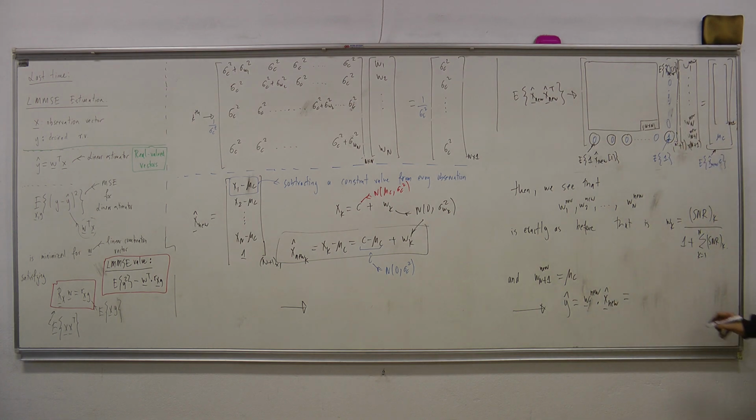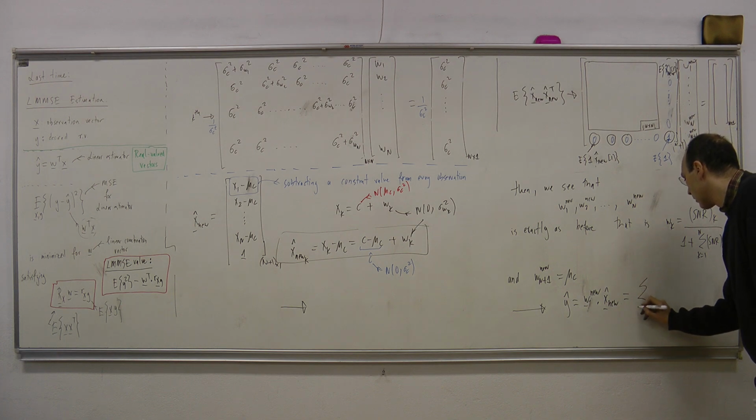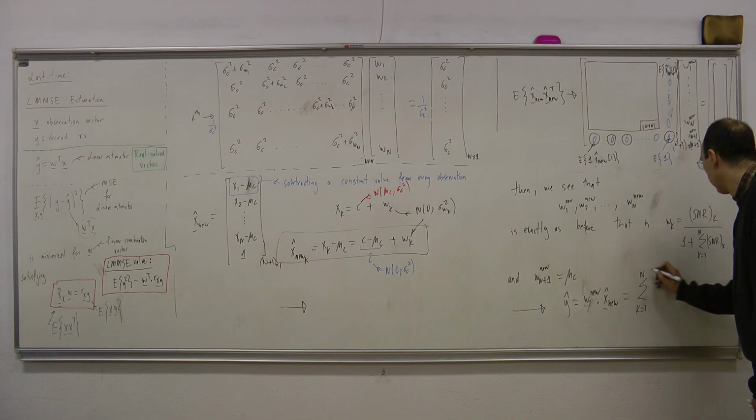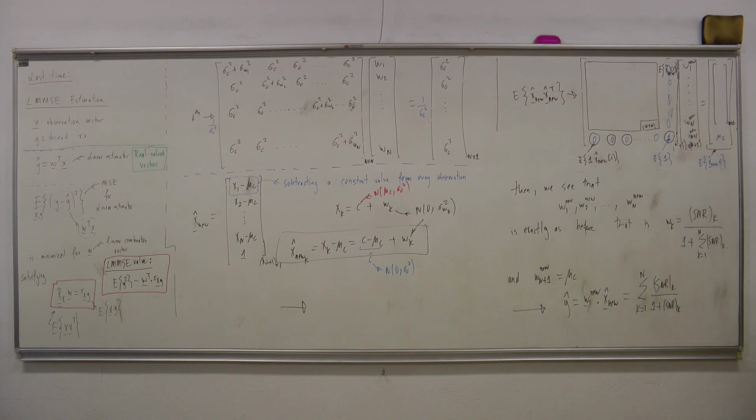This is equal to the sum of Wk times SNR K times the observation, plus 1 times mu c.